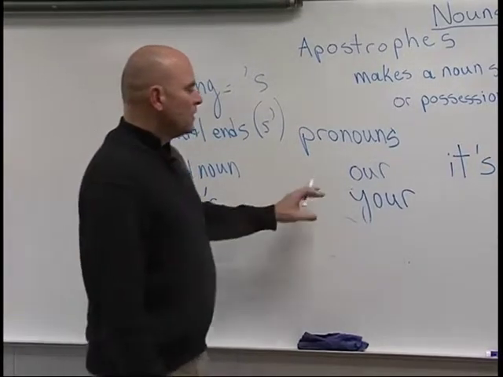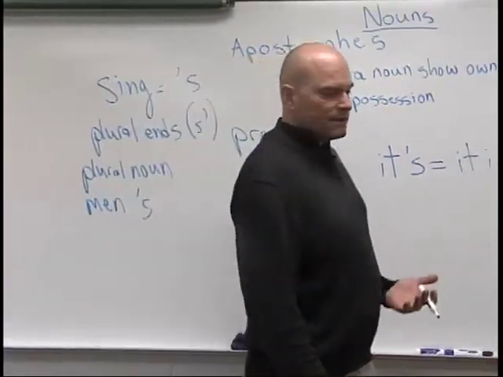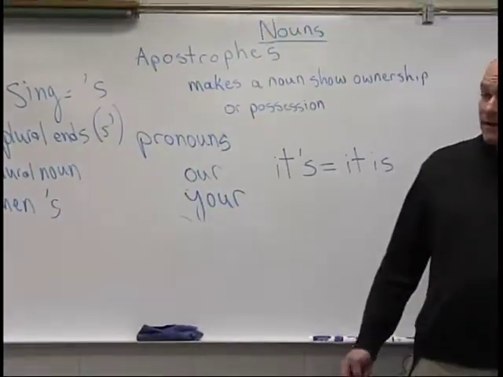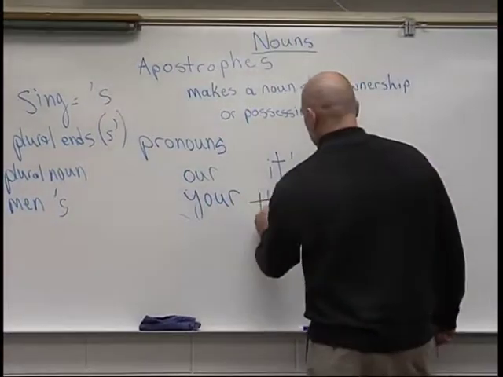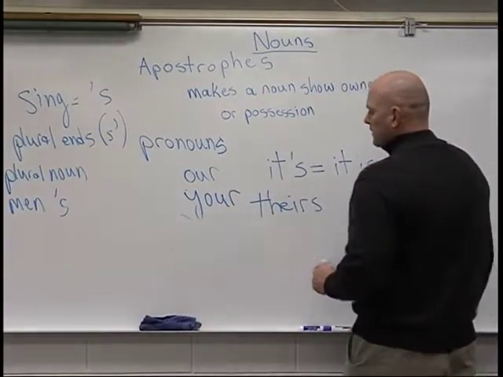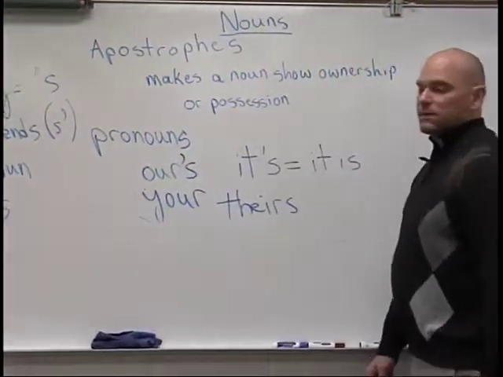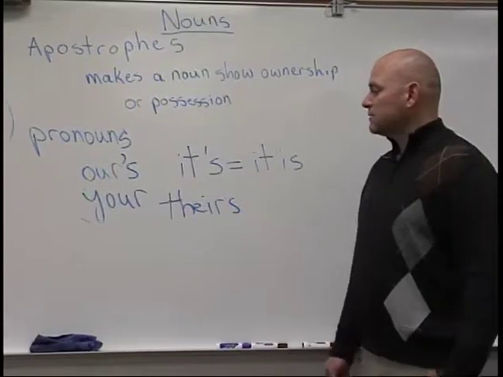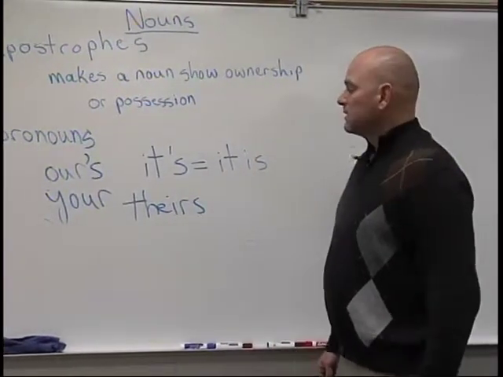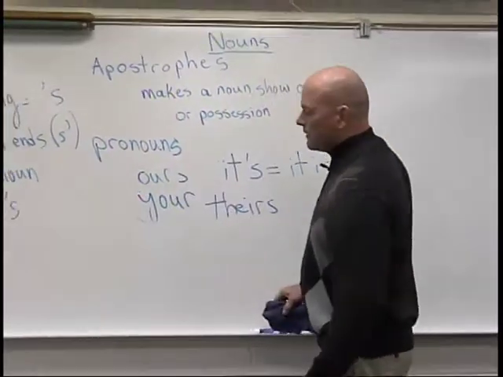And make sure when you're dealing with your pronouns, our, your, its, etc., theirs is another one, make sure it's already possessive on its own. So you don't want to say something like our's, because what you're essentially saying is our is, which doesn't even make sense. So they're already possessive in their own right. They don't need the apostrophe.